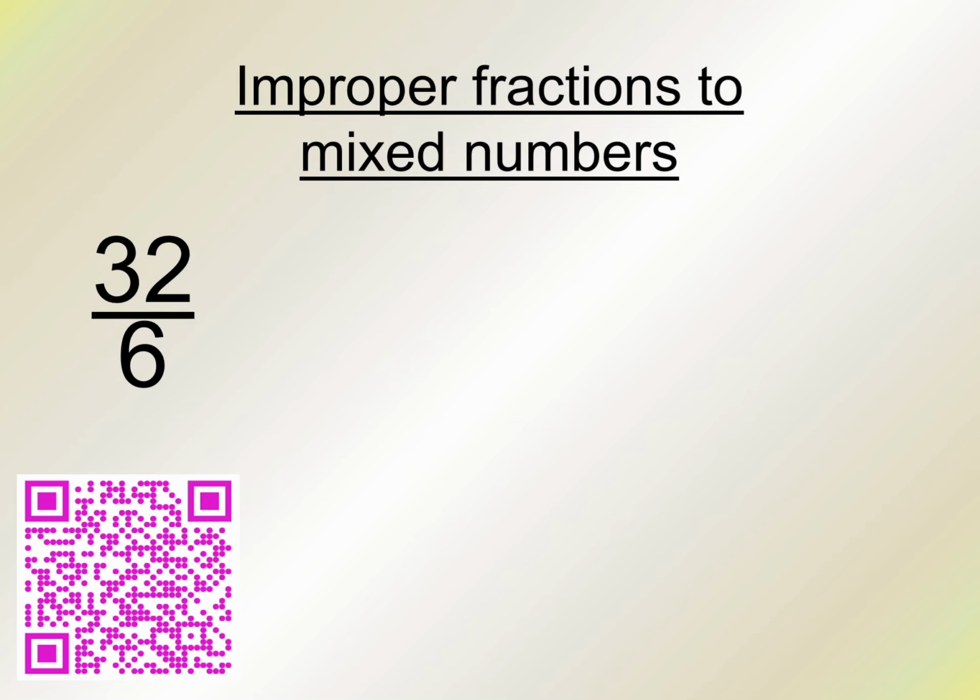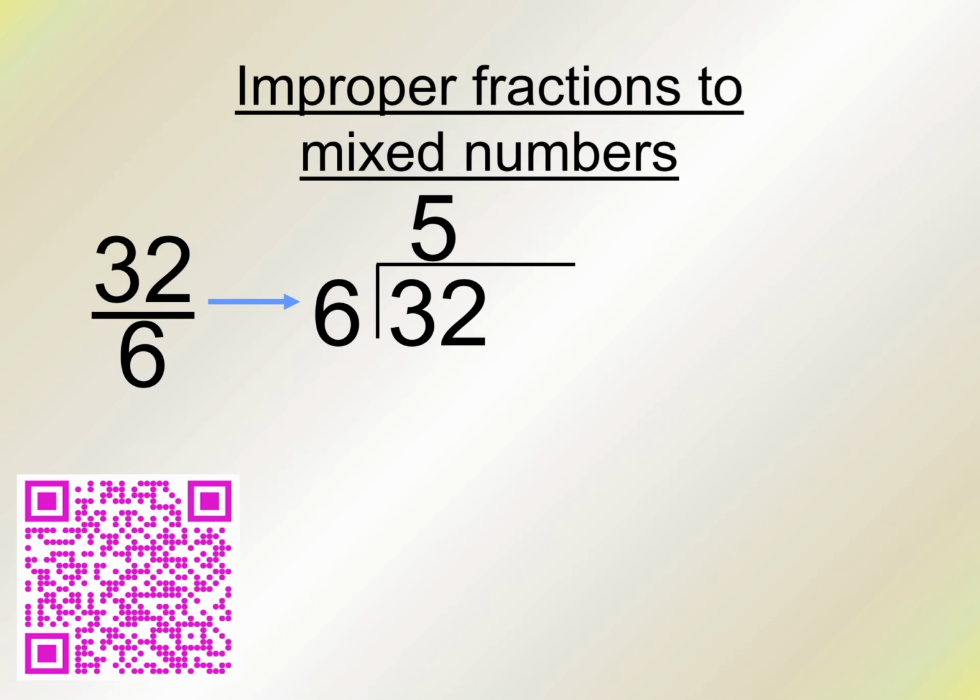So going backwards, improper fractions to mixed numbers. We have 32/6. So we're going to do division. How many times can 6 go into 32? Well, it goes into it 5 whole times, which is 30, with 2 left over.